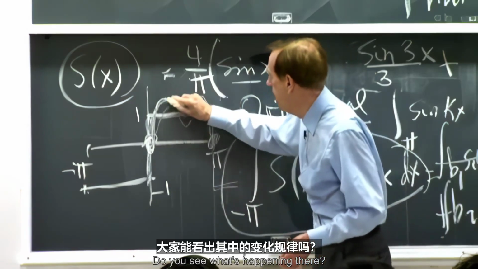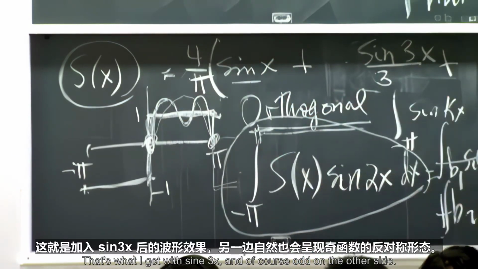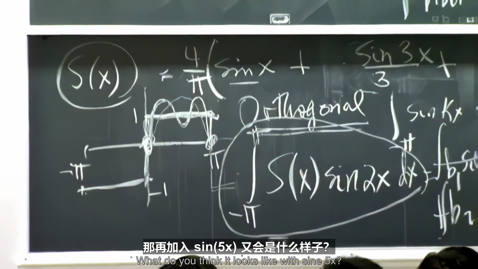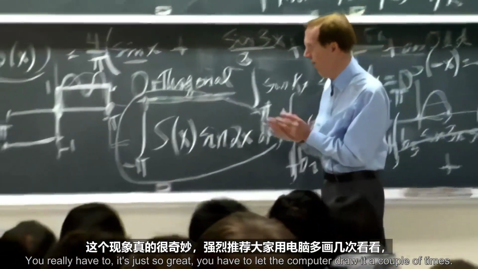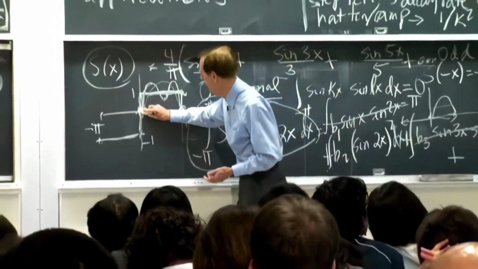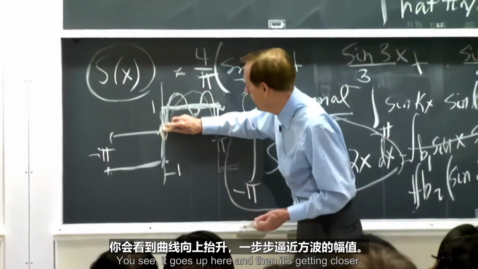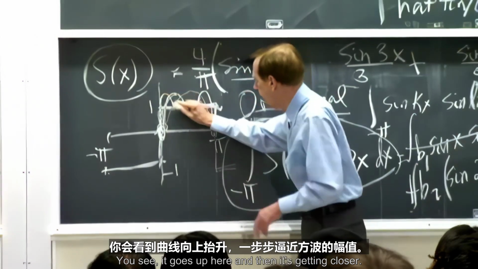Do you see what's happening there? That's what I get with sine 3x, and of course odd on the other side. What do you think it looks like with sine 5x? It's just so great, you have to let the computer draw it a couple of times. You see, it goes up here, and then it's getting closer.